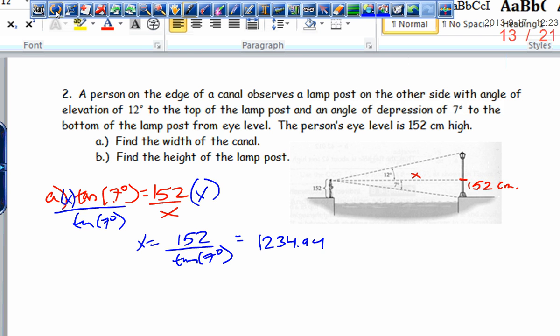Is that right? 1237, sorry. Yeah, this said around 2 places, so I'm going with 2 on this one. Okay, now that we found the canal width, I'm supposed to find the height of the lamp pole.